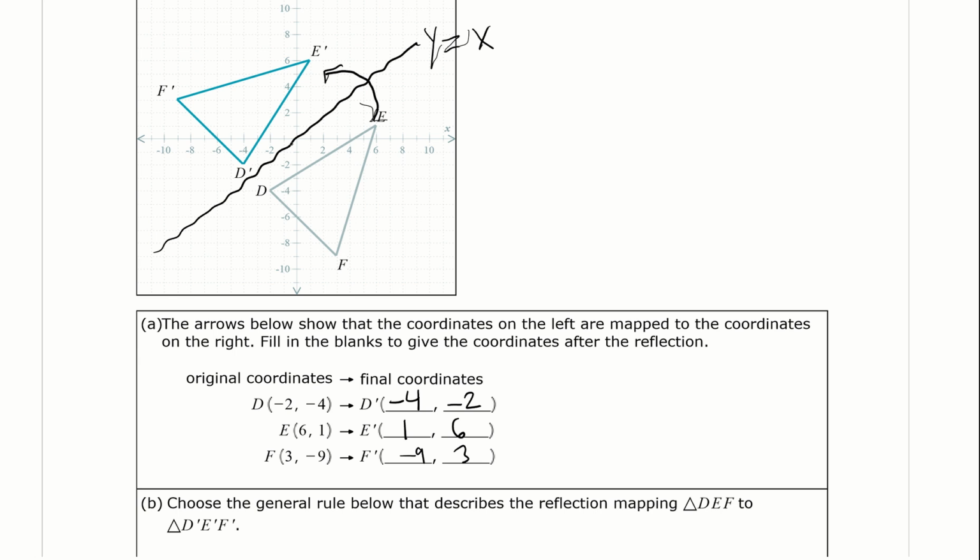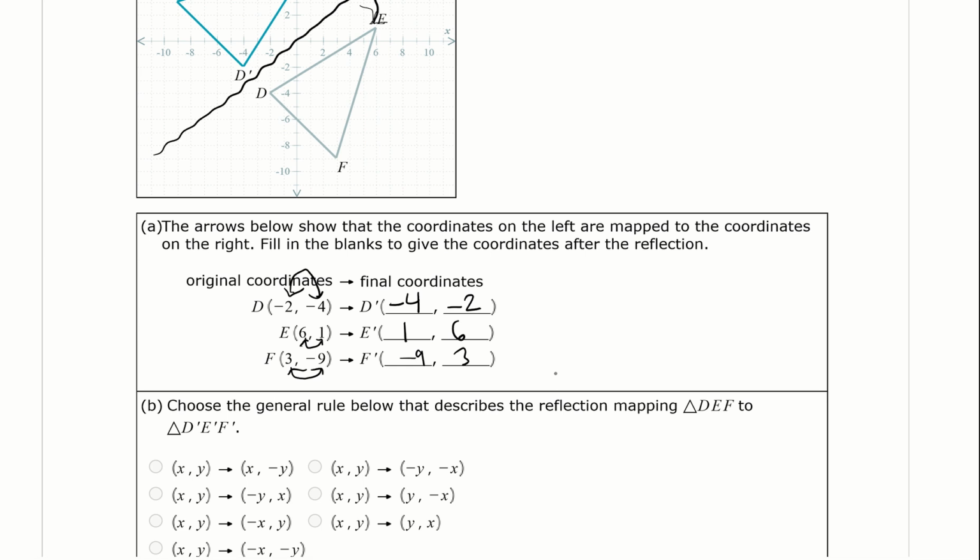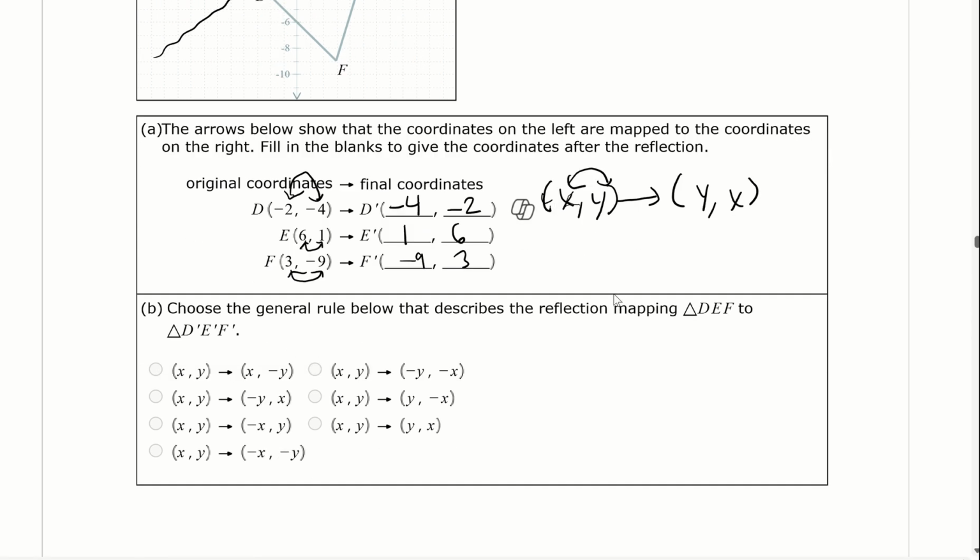Notice what's happening here: these coordinates are switching, from 6, 1 to 1, 6, from 3, negative 9 to negative 9, 3. So the general rule here is (x, y) maps to (y, x). Again, these are switching. And there's your general rule. So the answer is (y, x).